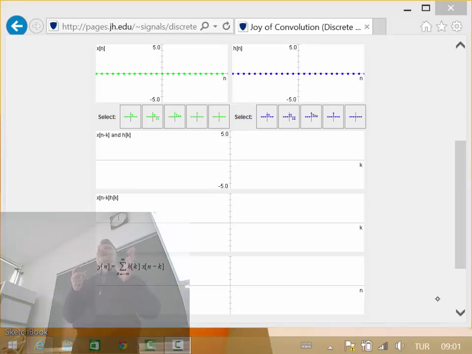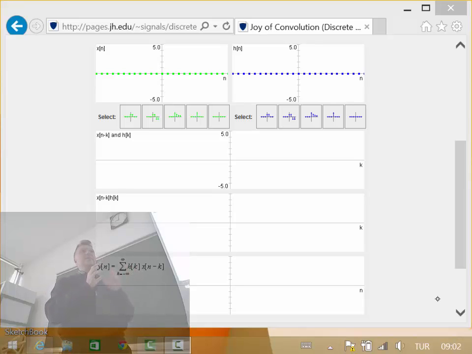It doesn't matter which one is the impulse response and which one is the signal. You can just replace them. The convolution is the same: x convolved with h is the same as h convolved with x. We will see that. Over here, they flip around not h but x, but it doesn't matter, because you can always interchange their places.